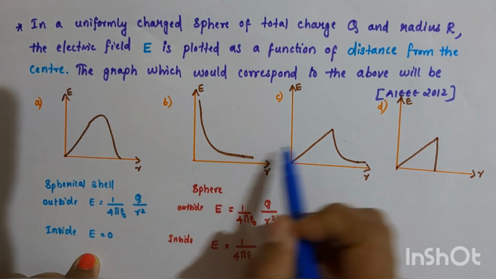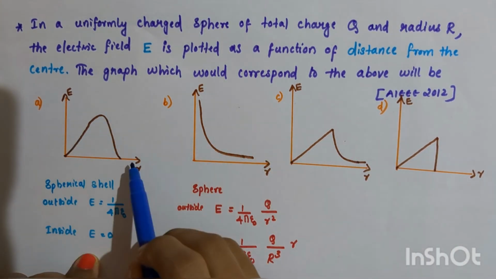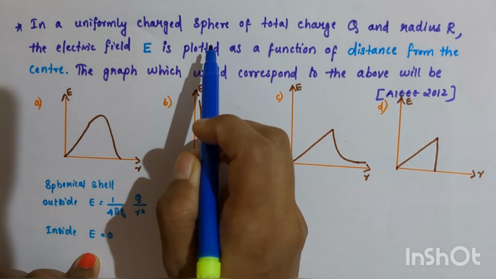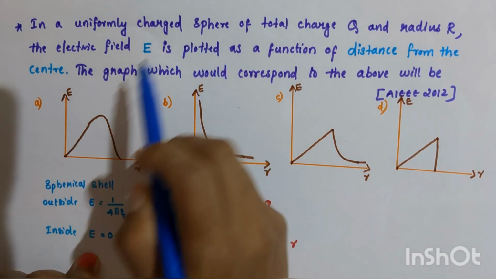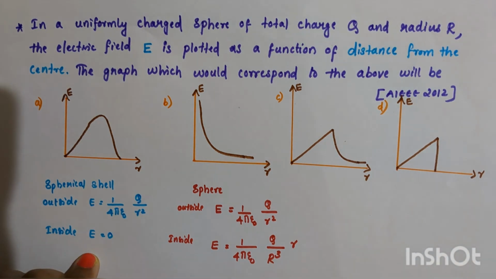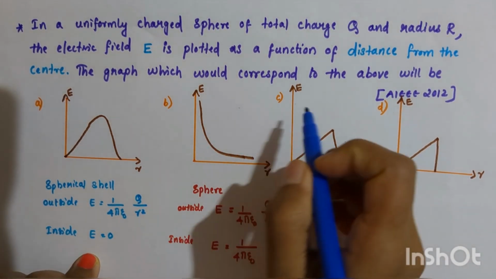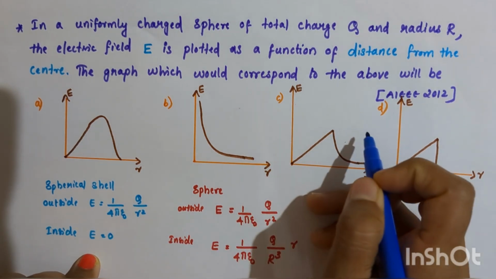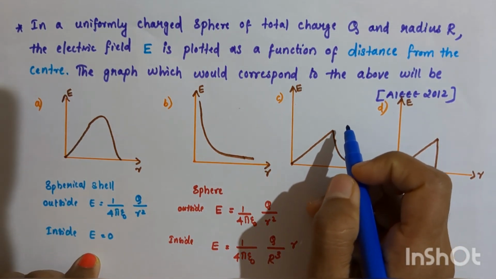You can see three plots here, electric field versus the distance from the center of the charged sphere. It is not the shell, it is the charged sphere. Now the graph which would correspond to the above will be, A, B, C, D, four options are there. Which one is the correct option that you want to choose?